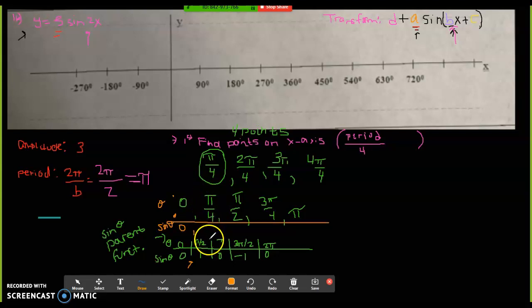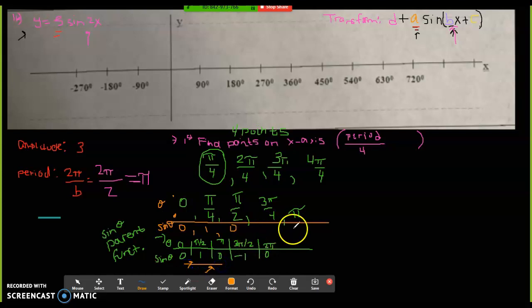So now my new point is going to be pi over 4, 1. And at pi, which was 0, instead of being at pi, 0, I'm going to be at pi over 2, 0.